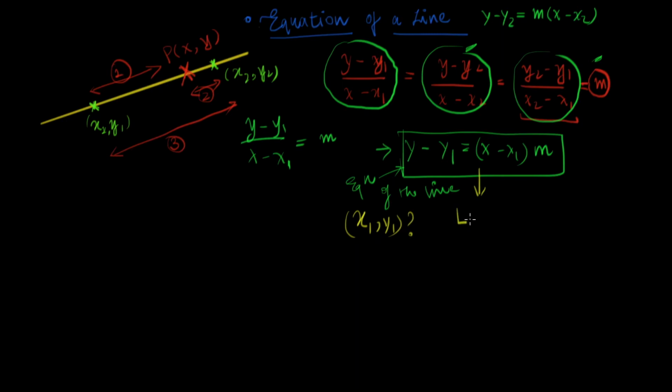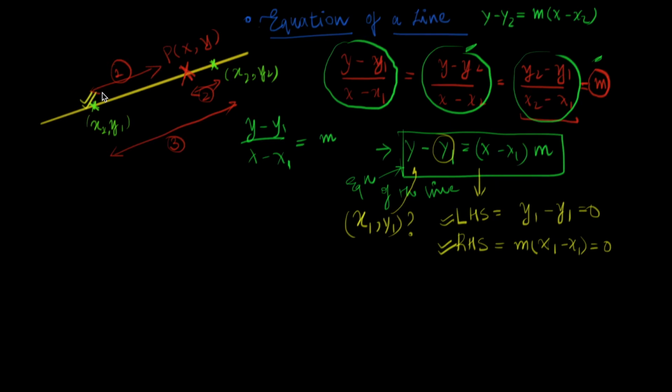Doing the same thing as before, the LHS turns out to be y1, what we substituted here, minus y1, which is already present here, and that gives us 0. And the RHS turns out to be some slope multiplied by x1 minus x1, which is also 0. So since LHS equals RHS, the equation is satisfied, and hence the point lies on the line, which is initially what we started with.